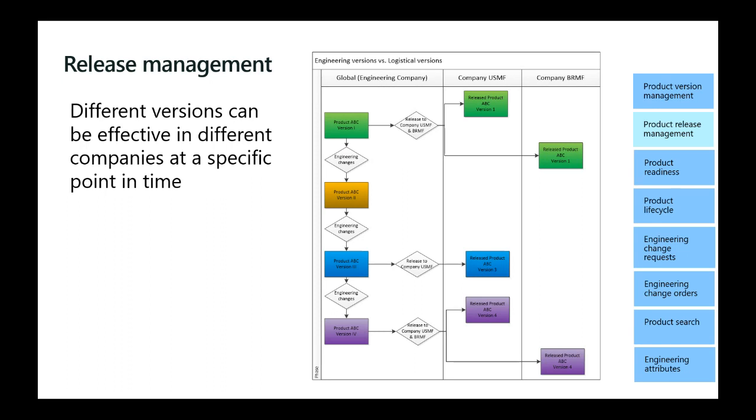Then in design, there's a version 2 that maybe has some errors, so it's never released to the market. Then a version 3 comes to only USMF. And then finally, a version 4 comes to both. Which means that at a specific point in time, in USMF they have version 3, while in BRMF they still have version 1, which is very useful to control which version is sold in different markets, in different companies.